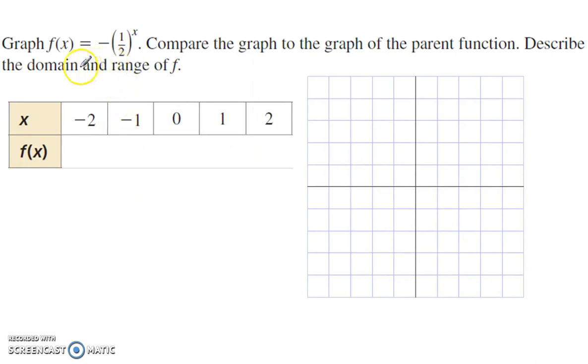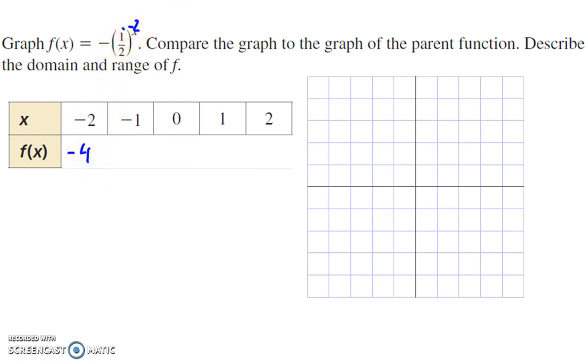Alright, if we want to graph an exponential function where b is a fraction, so it's between 0 and 1, we'll plug in these values here. If I plug in -2 here, that flips the fraction and squares it, right? So that gives me 4, but I have a negative in front of here, so that gives me -4.